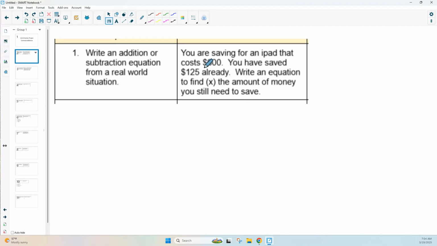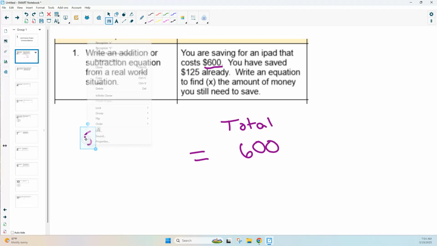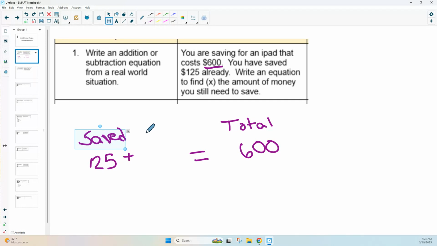Okay, so we know that we need a total of $600. So whatever we need has to total $600. We have already saved $125. But we still need a certain amount of money, or X. We don't know what that amount is yet.